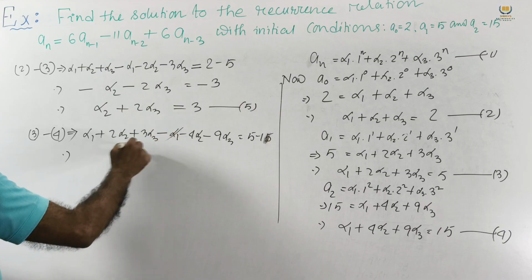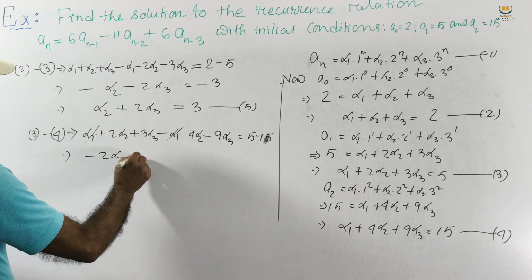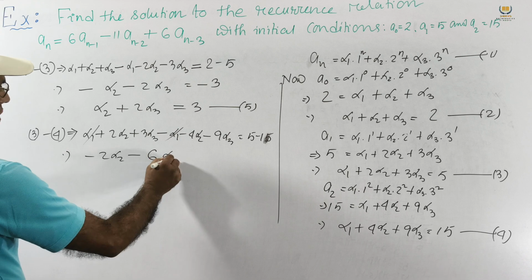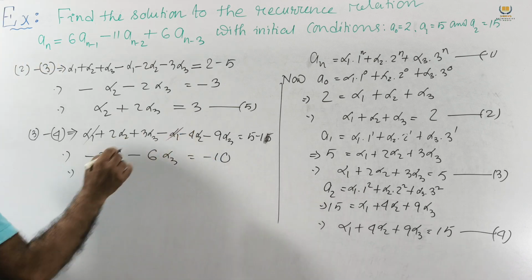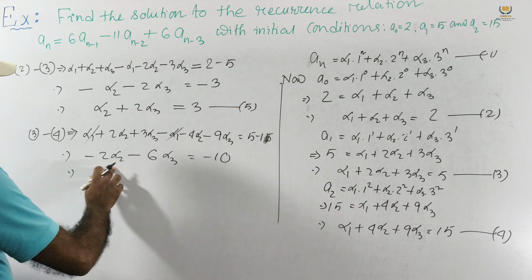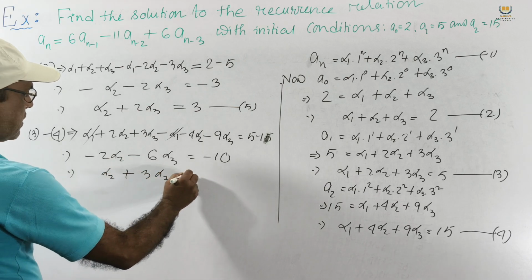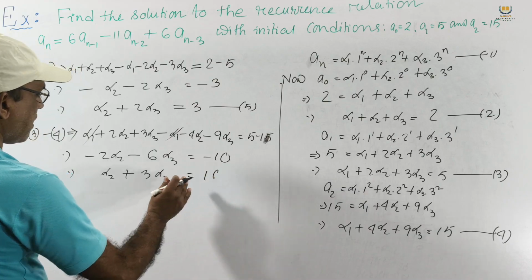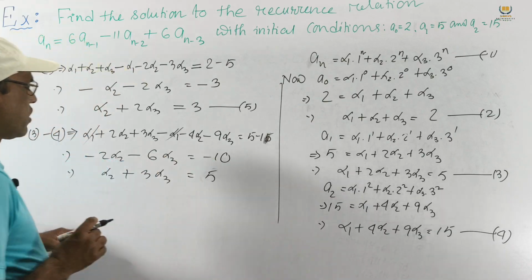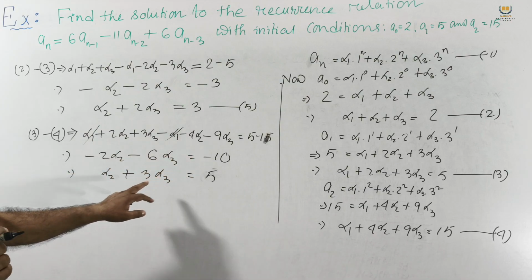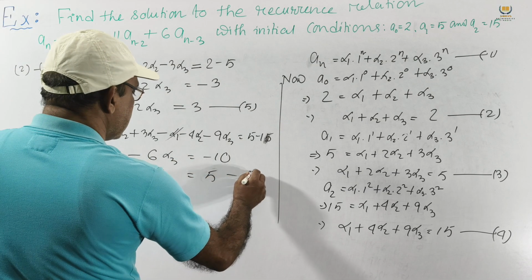Alpha 1 cancels. This gives minus 2 alpha 2 minus 6 alpha 3 equal to minus 10. Dividing both sides by minus 2, we get alpha 2 plus 3 alpha 3 equal to 5. This is number 6.